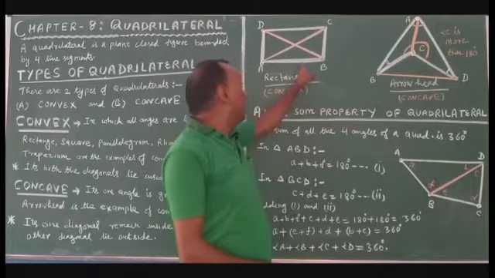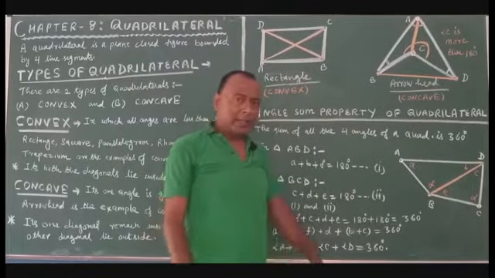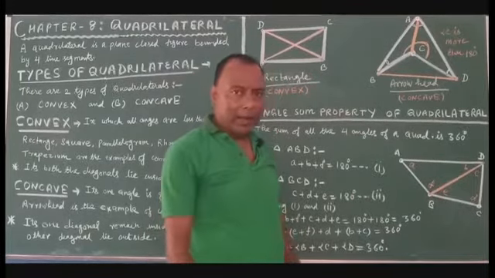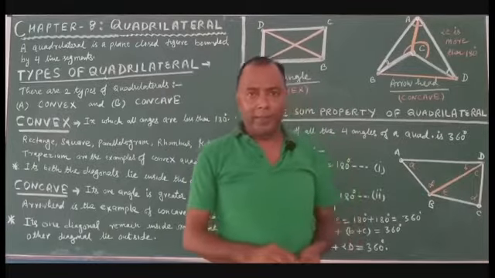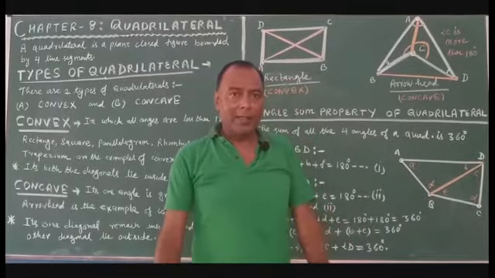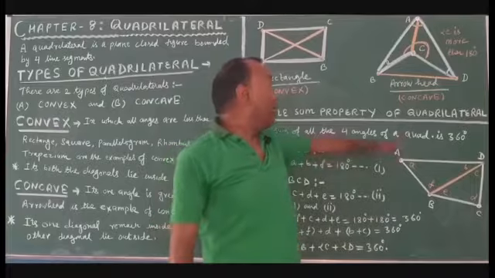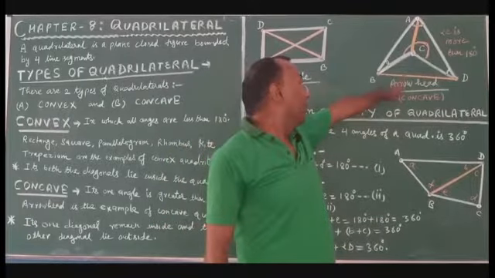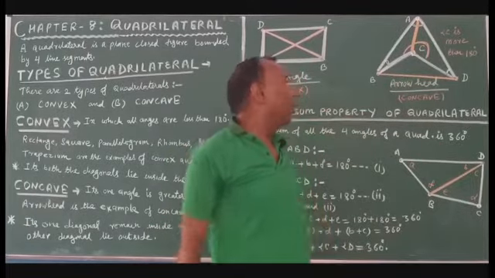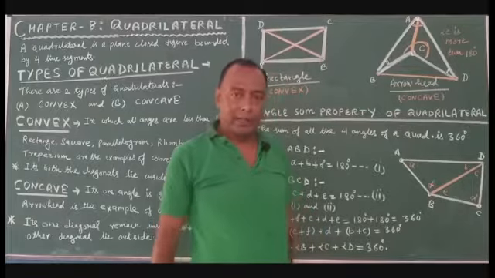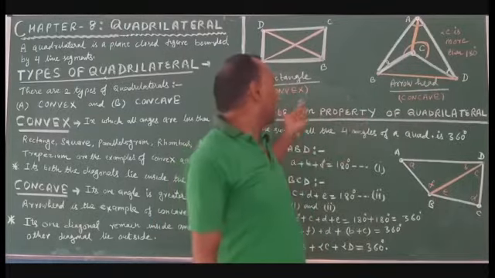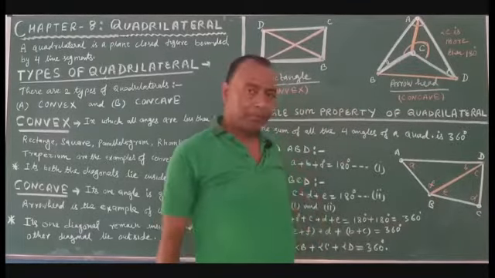In this rectangle, all angles are less than 180 degrees. And in this arrowhead, one angle is greater than 180 degrees. So just see the difference.